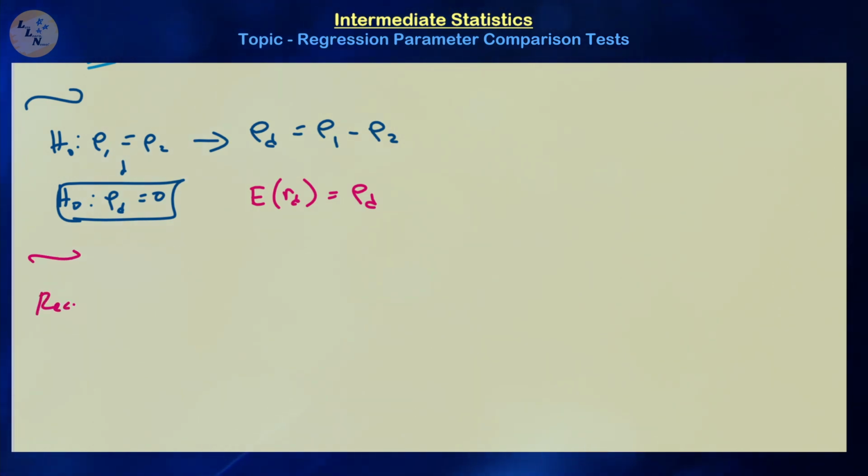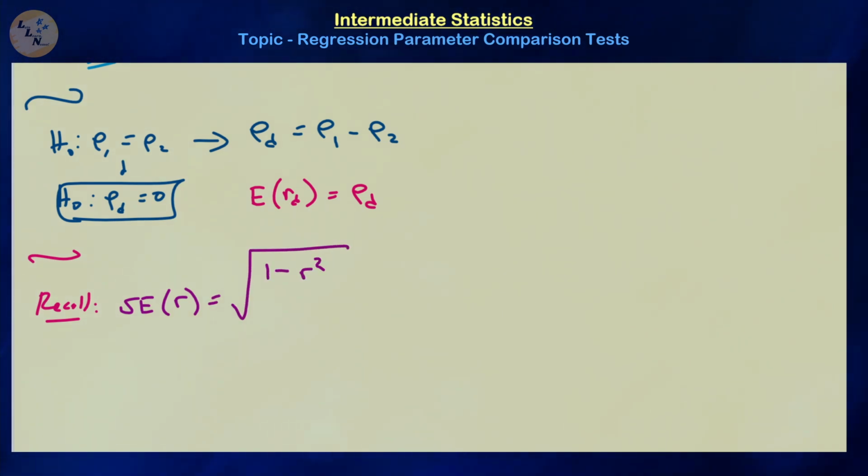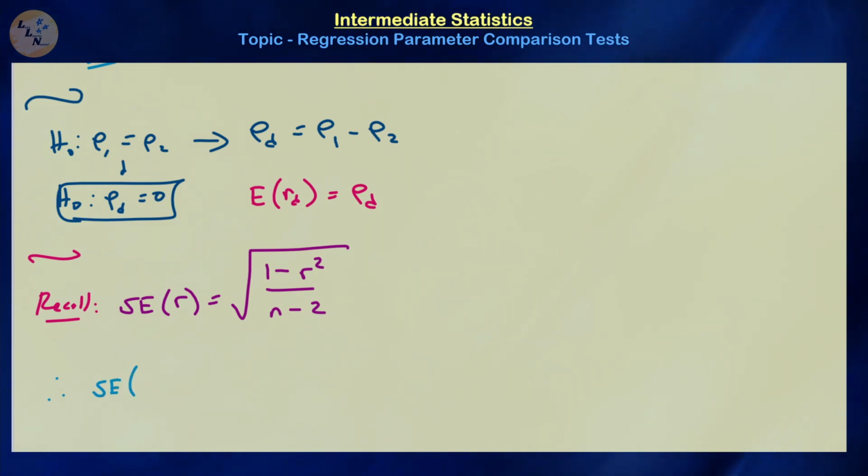Let's recall also the standard error for r, just r itself, just a single bivariate sample. So the standard error associated to r is going to be equal to the square root of 1 minus r squared divided by n minus 2. So if that's the case, what is the standard error associated to the difference in r's, right?